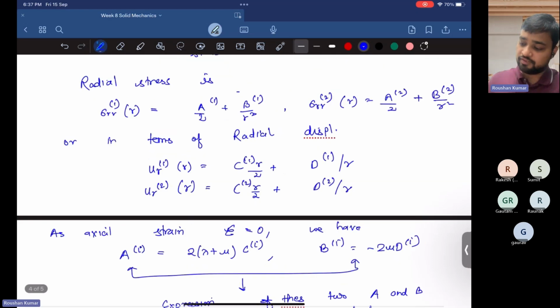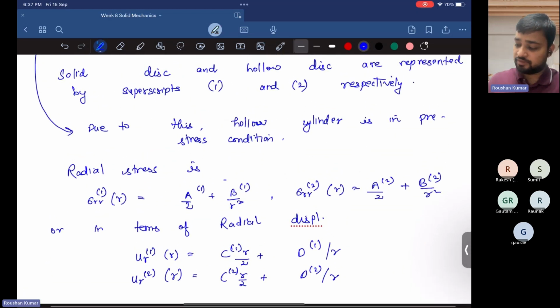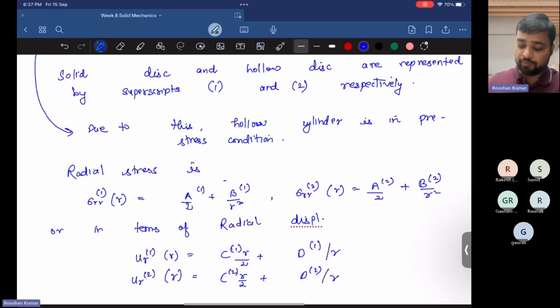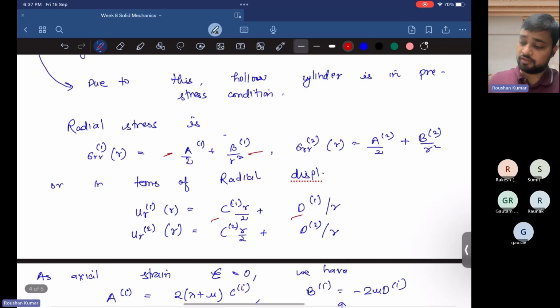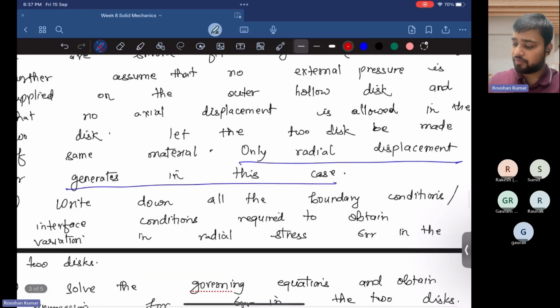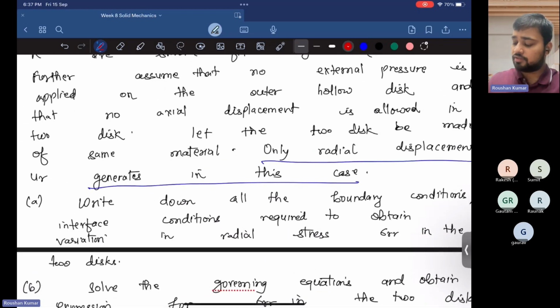Now here, if you see our expression, we have 4 independent integration constants, which will require 4 boundary conditions. The unknowns are A, B, C and D. So the first question is to write down all the boundary and interface conditions required to obtain the variation in radial stress sigma r.